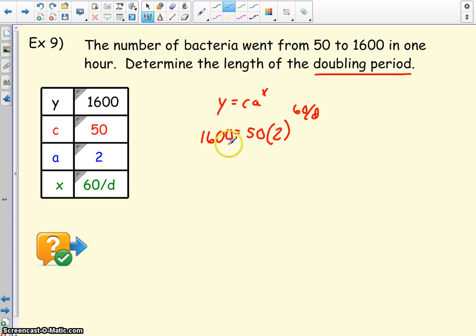Okay, so let's work through the algebra here. Divide 1600 by 50. You should get 32. So 32 would be 2 to the exponent of 60 over d. Now by now you should be able to recognize 32 as being 2 to the exponent 5.